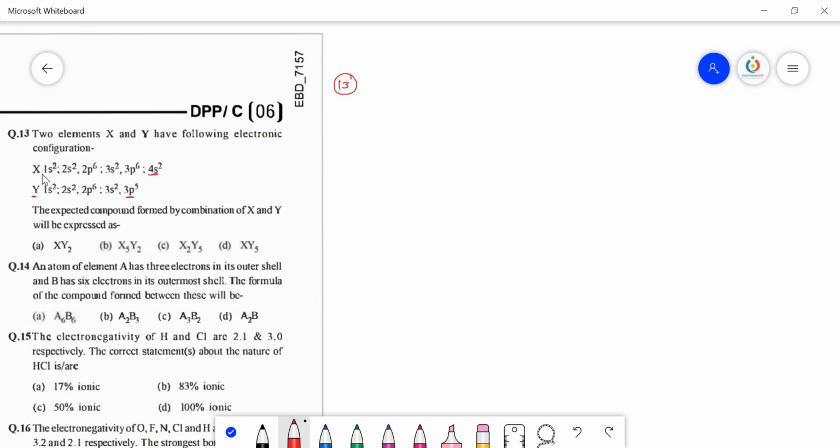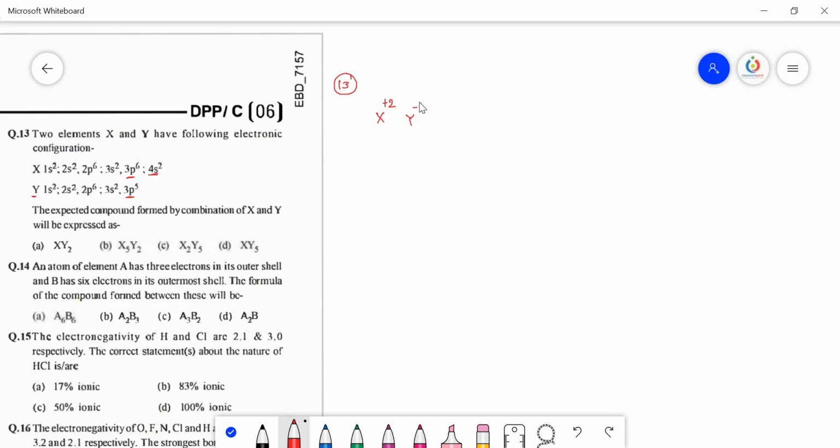But X needs 6 more electrons to get the 4p6 configuration. Instead of that, X will lose these 2 electrons, so that it will get the nearest noble gas electronic configuration, or else a completely filled p configuration. So X will lose 2 electrons and form X+2, whereas Y needs only 1 electron, so it will gain 1 electron and form Y-1.